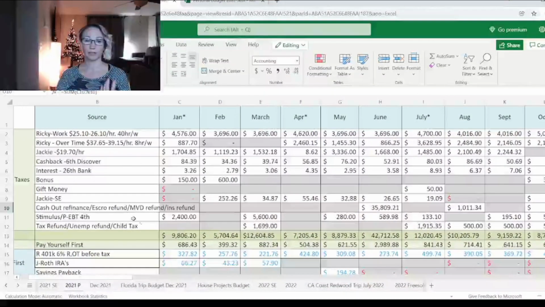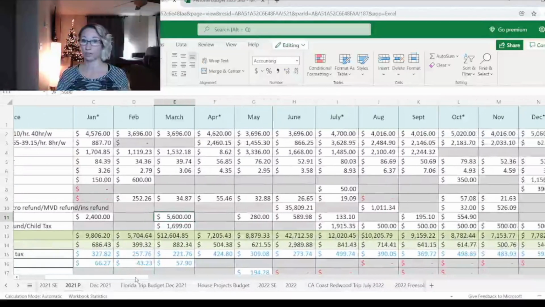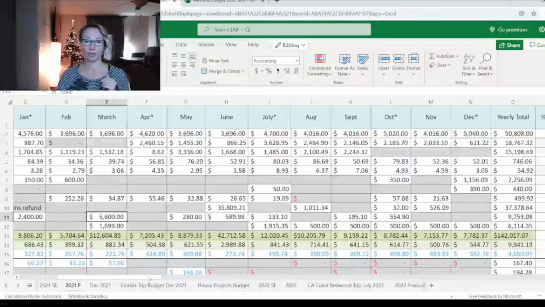Our stimulus, we had a $2,400 stimulus in January and then a $5,600 in March. Again, we're a family of 4 and we're within the income bracket, so we received the full stimulus. I know some of my viewers make too much and they don't receive any of the stimulus, so it just depends on your household situation. And then you'll see here is when we started receiving the food stamps.